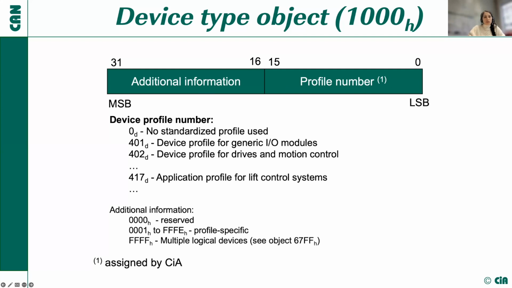For example, you can see here that when you use no standardized profile, it will be 0, and if you use a CiA profile in any industry, for example generic IO modules or others, you have the number that is dedicated to this profile in the first 16-bit field, and the second 16-bit field gives you additional information about the functionality of the specific profile.